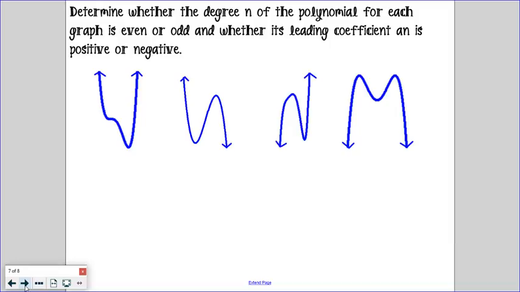All right, let's go ahead and get our answers up here. I'm going to kind of pick one from each table to see how our conversations went. Pretty good. You got the first one? Positive, even, okay. Jonathan? Good.